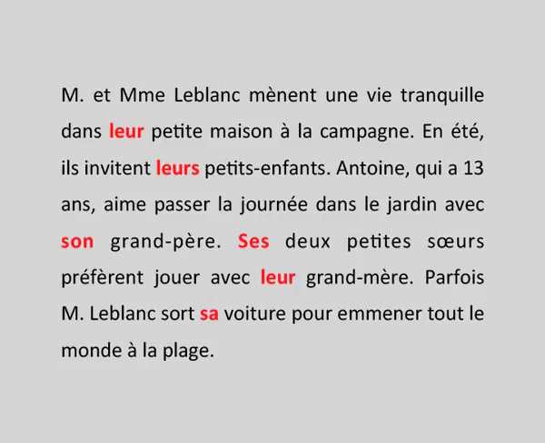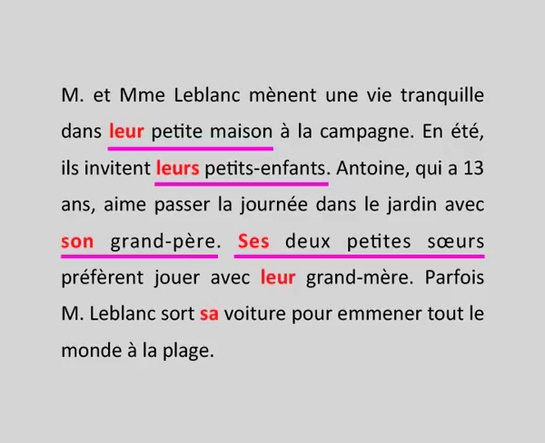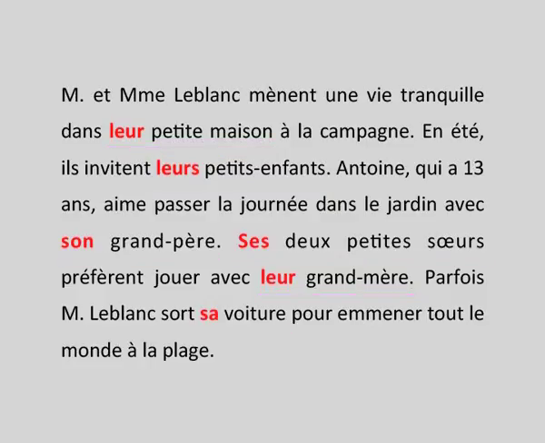In this text, you can observe a possessive adjective in every sentence. Leur petite maison, leurs petits enfants, son grand-père, ses deux petites sœurs, leur grand-mère, and sa voiture. Each time the possessive adjective precedes the modified noun.